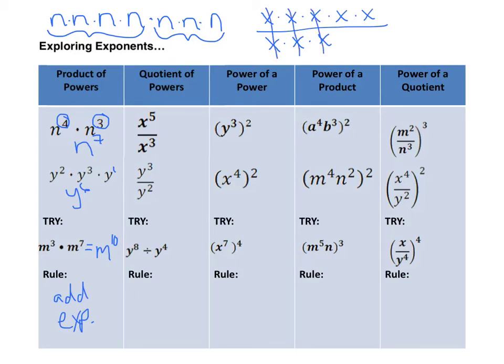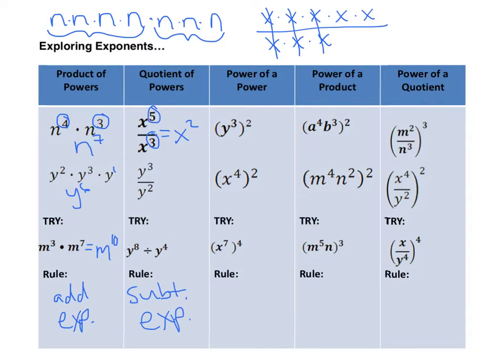How many am I left with? I'm left with 2 of them. So I get x squared. Well, what did I do there? 5 minus 3 gives me 2. So when we're dividing, quotient of powers, we'll be subtracting exponents.